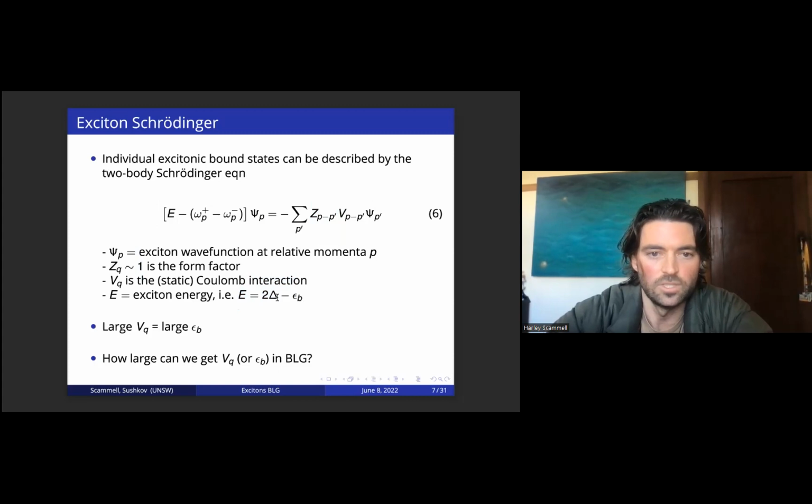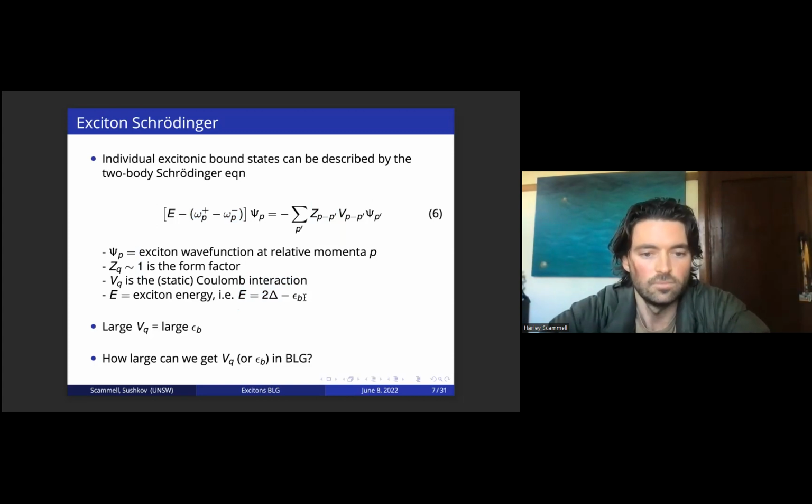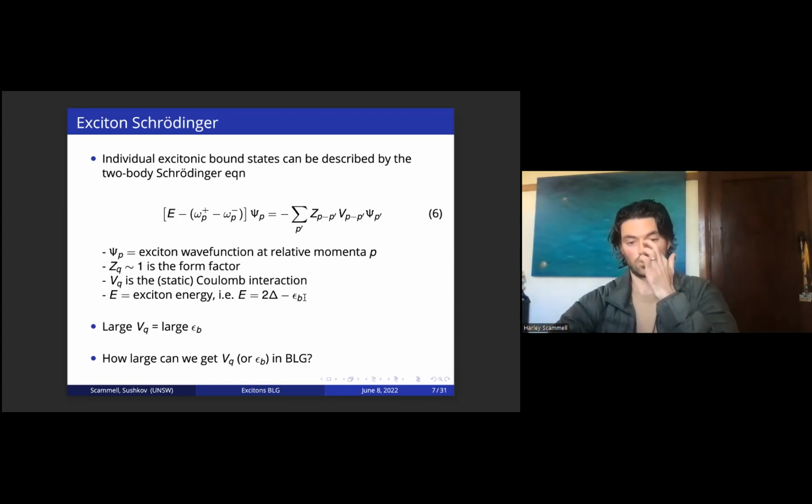You can see that this 2 delta comes from this single particle part, and then whatever's left over, which is predominantly Coulomb, gives you your binding energy. So large Coulomb equals large binding energy. It's a very obvious statement. So the question for us is, how large can we get this interaction?